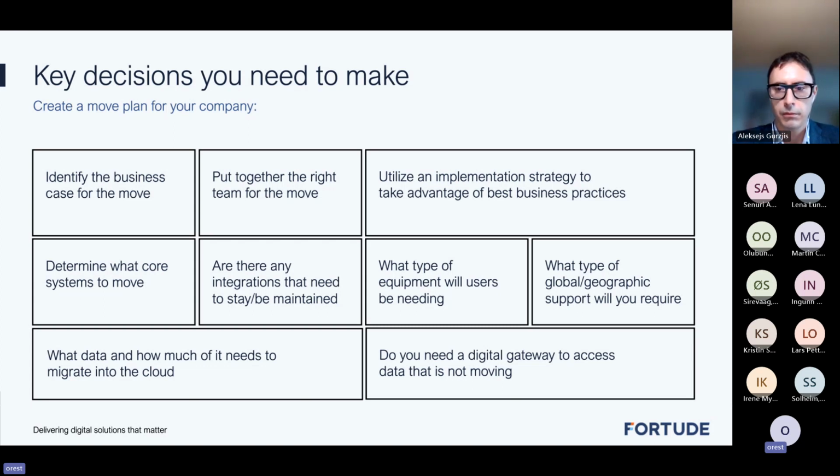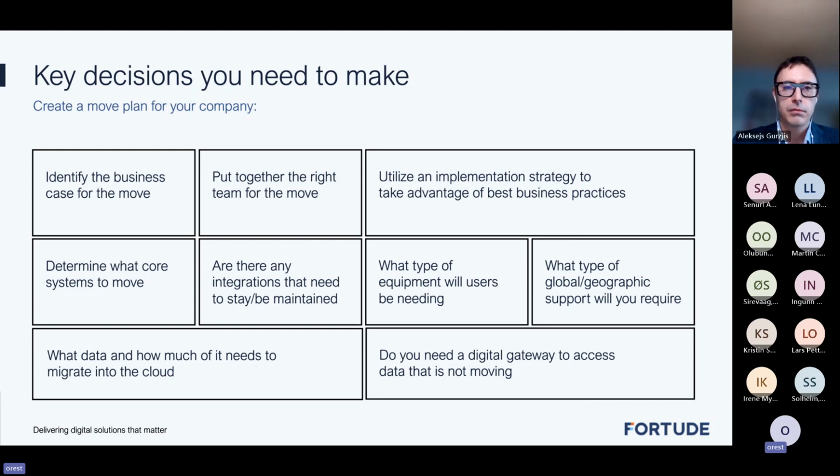Well, the trouble is what worked yesterday may not work today or tomorrow. So the cloud itself has evolved with time, and operations that have waited to make the move to the cloud now have more of an opportunity than ever before to choose a path that best serves their strategic needs.